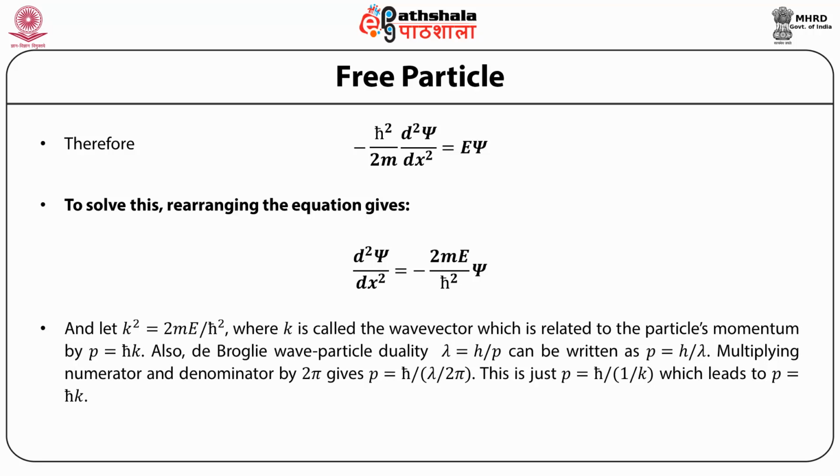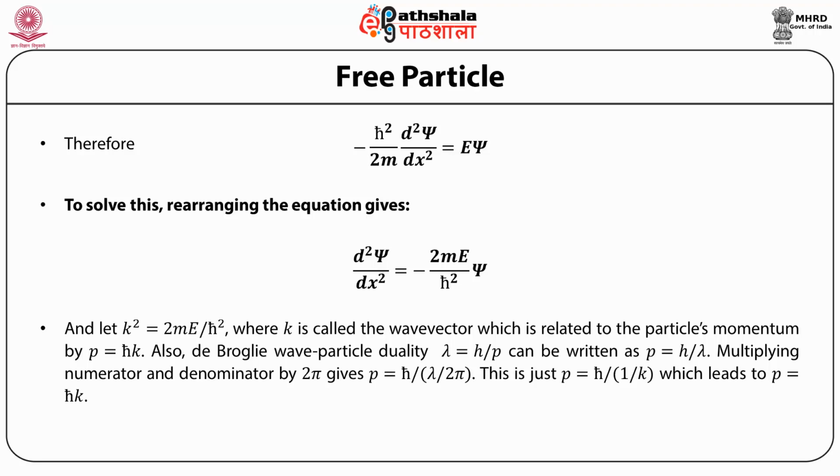Let k squared equal 2mE by ħ squared, where k is called the wave vector, which is related to the particle's momentum by p equals ħk.